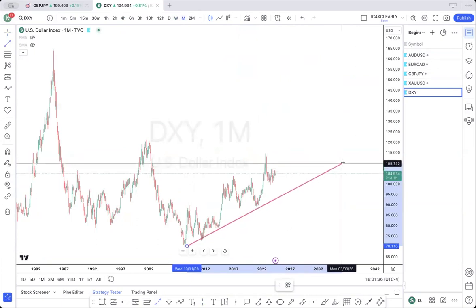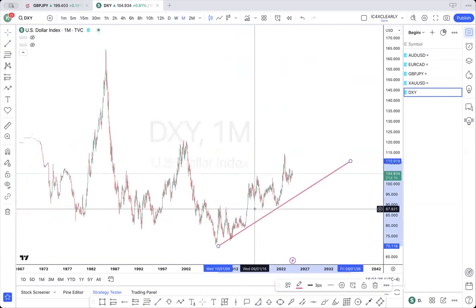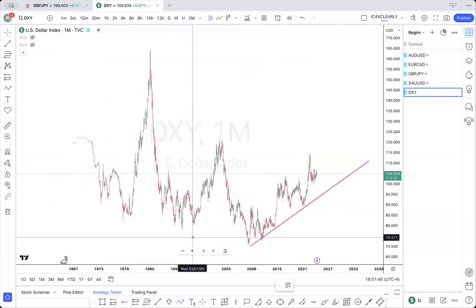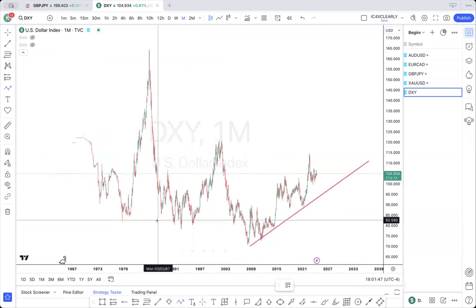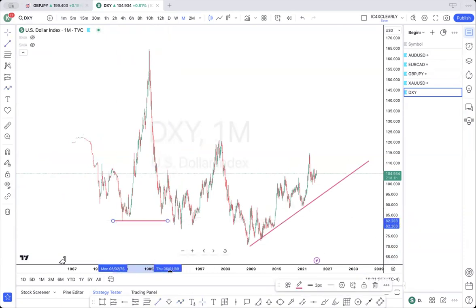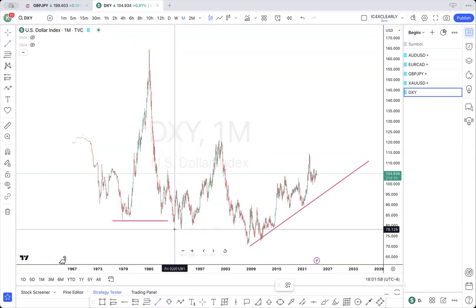Price has been bullish, right? So we look at market structure. So price broke here. And then price broke here.